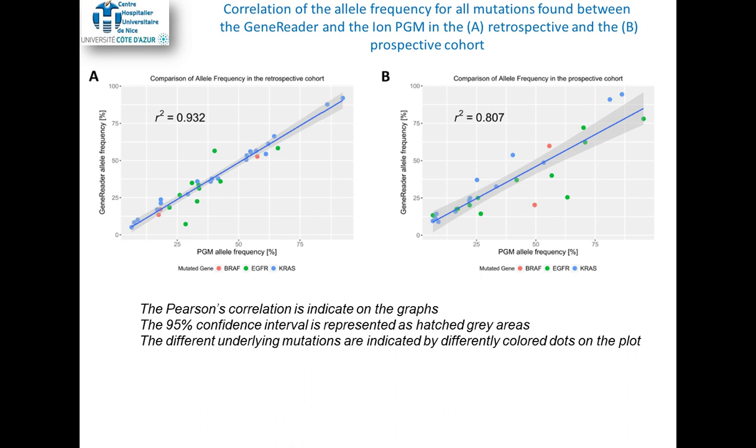We noted too a very nice correlation of the allele frequency for all mutations found between the GeneReader and the Ion PGM, both in the retrospective cohort on the left panel and in the prospective cohort in the right panel of this slide.